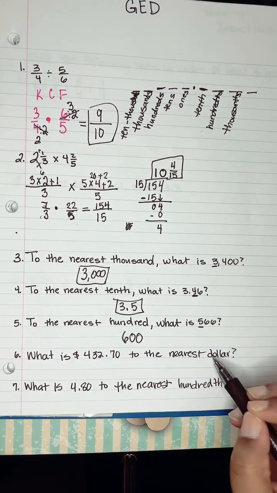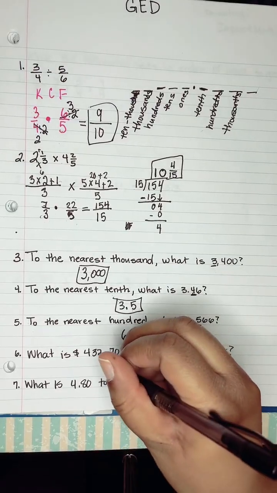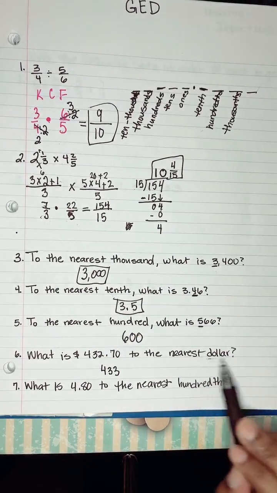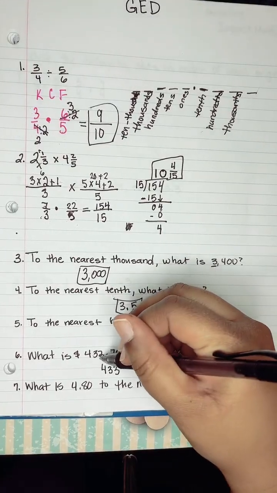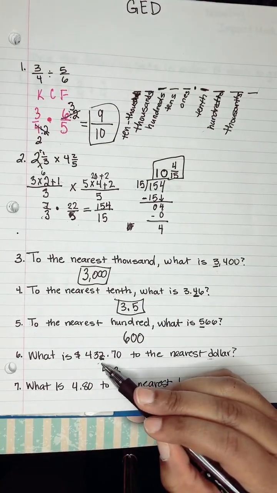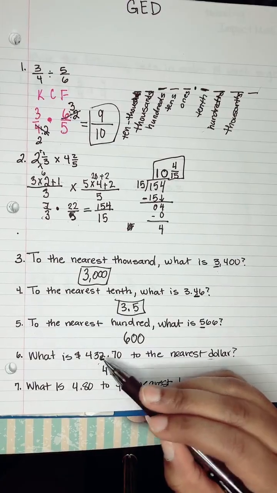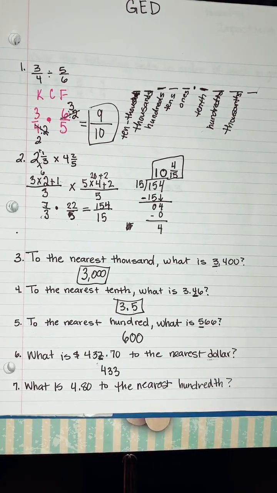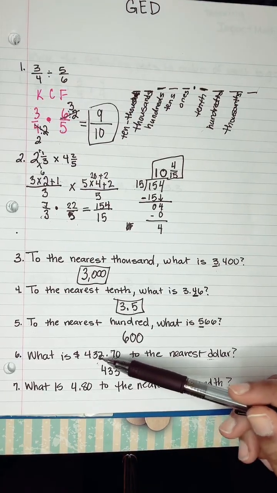So $432.70 to the nearest dollar is going to be 433. When you see to the nearest dollar, remember this 2 is in the 1 spot. The 1 spot is always dollars. So the terminology is what kind of throws people off. So dollar, think of ones.